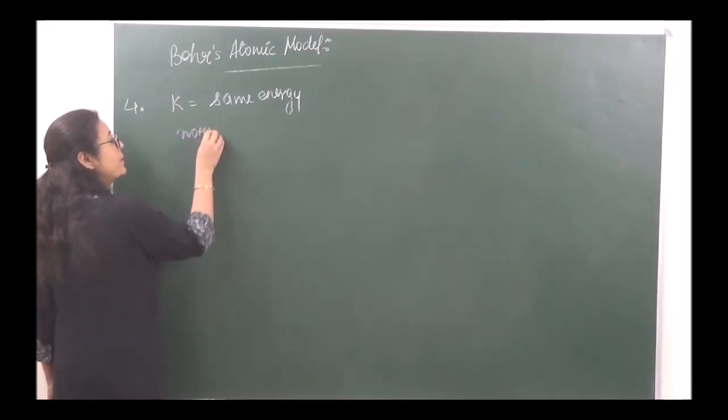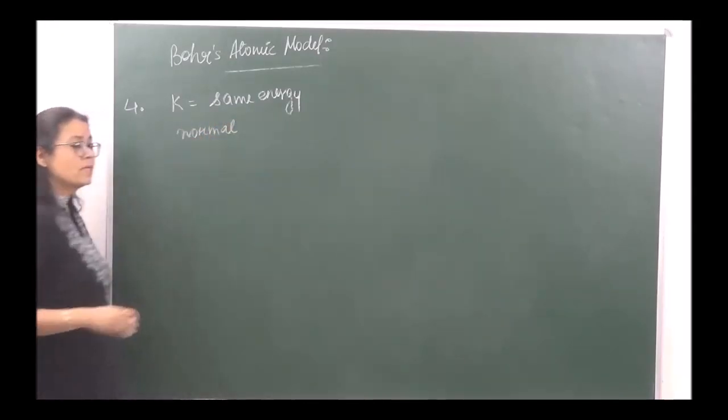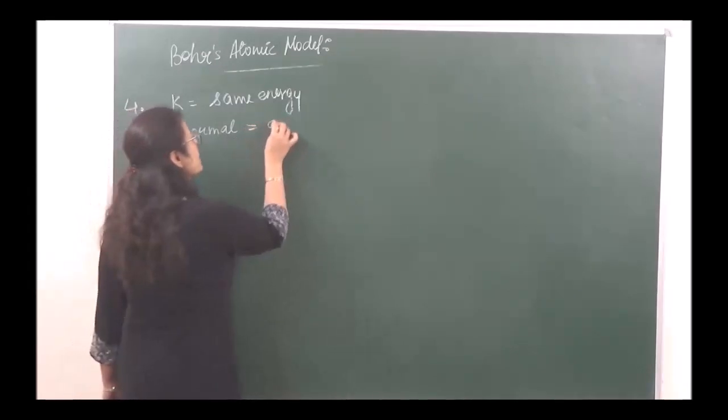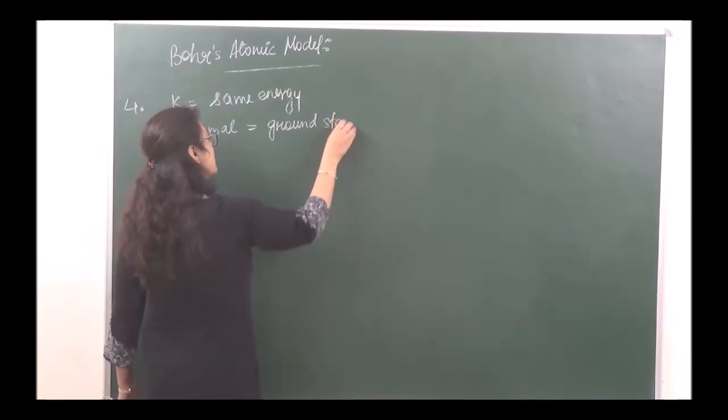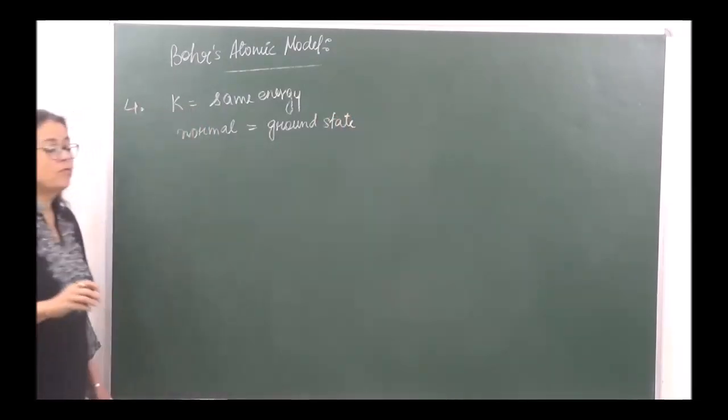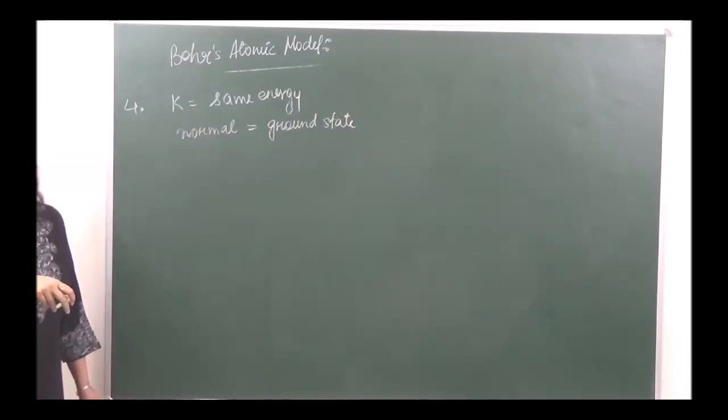state, when the electron is at the normal state, that is known as the ground state of that particular atom.